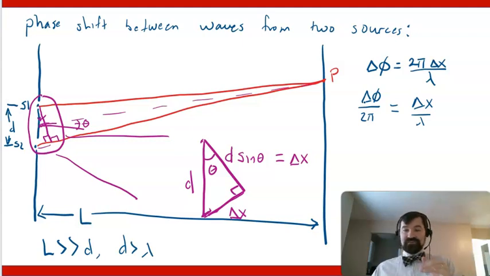And when it has a half integer value, like 1.5, or 1/2, or 2.5, or negative a half, negative 3.5, you get a dark fringe.